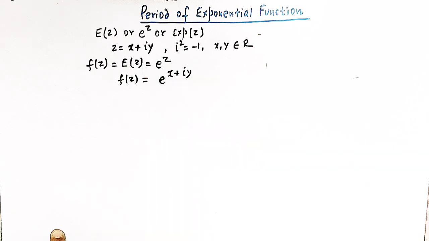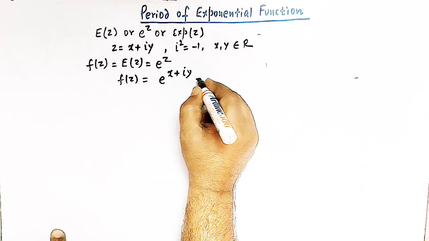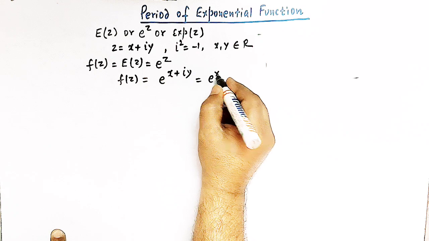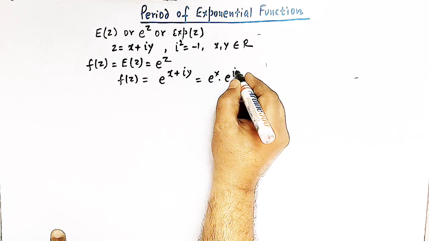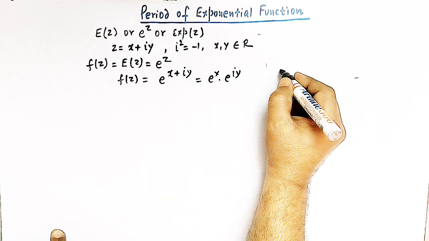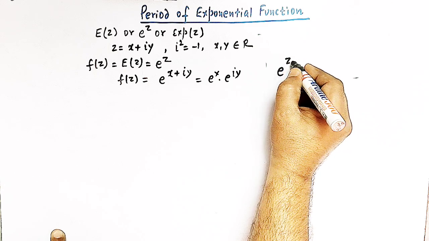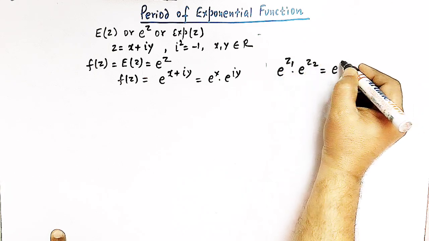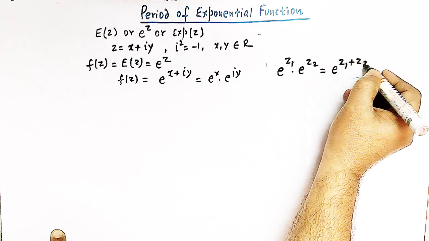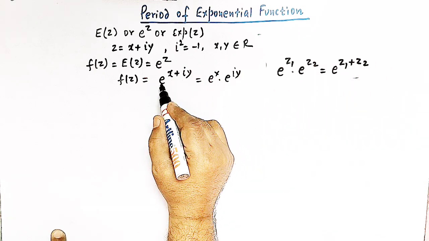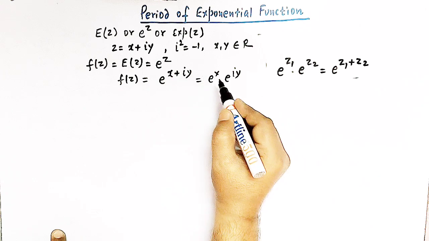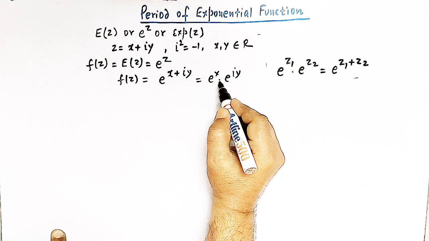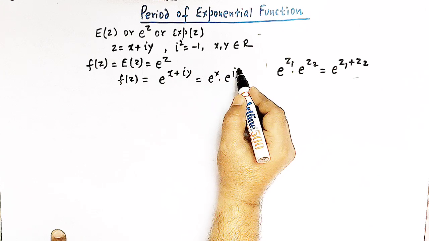Now we know that the exponential function follows the rules of exponents. That is, we can write e raised to x times e raised to iota y, right? Because we know that e raised to z1 times e raised to z2 is equal to e raised to z1 plus z2. So here we have written e raised to x plus iota y as e raised to x times e raised to iota y.